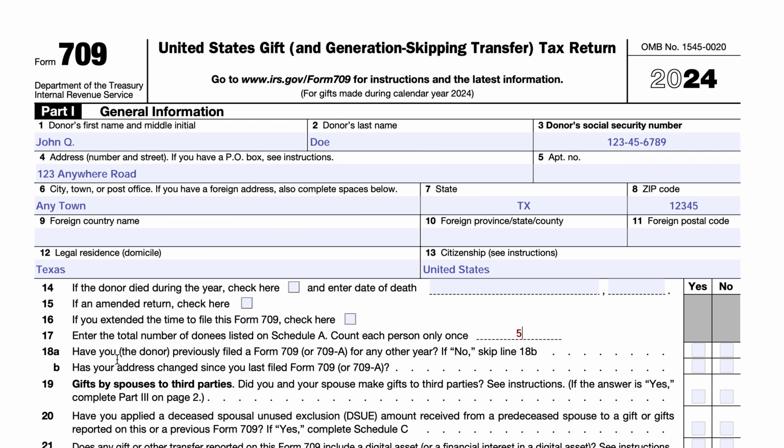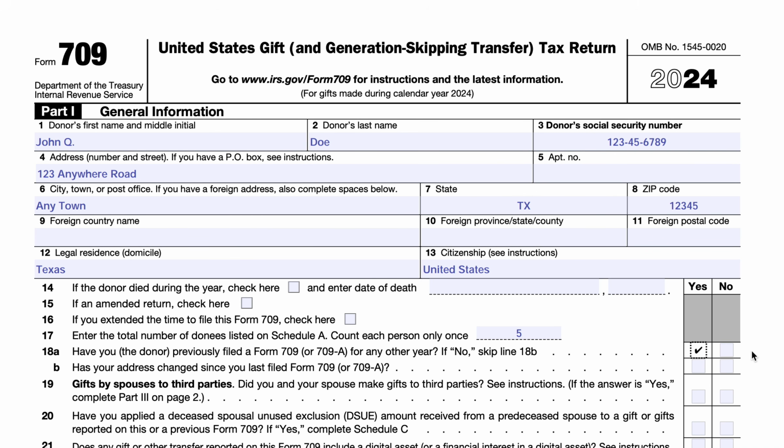In line 18A, it asks you if you filed a gift tax return. If you check no here, because this is the first gift tax return, then you can skip line 18B. You also will not have to complete Schedule B, because Schedule B applies to prior tax years.